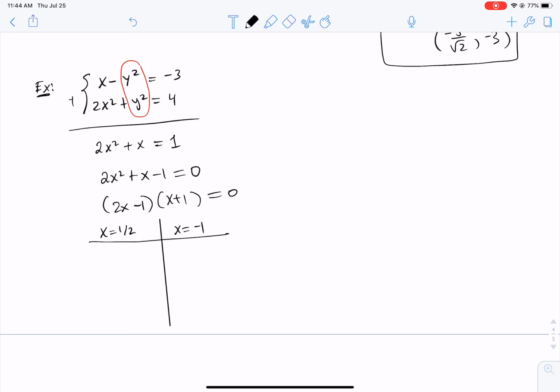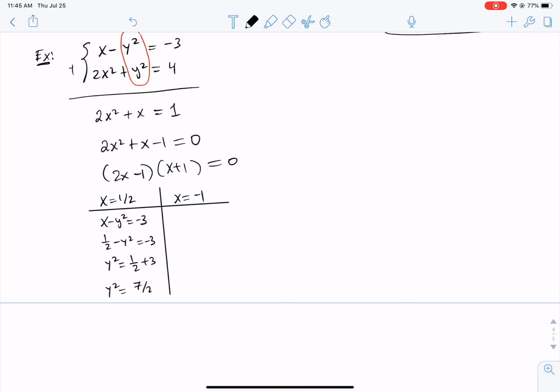So we can use either the first equation or the second equation. It doesn't matter. The first equation gave us x minus y squared equals -3. But what do we know about x? 1/2. So 1/2 minus y squared equals -3. And what does that mean? That y squared is equal to 1/2 plus 3. So it's like 3.5, so 7/2, right? So y squared is equal to 7/2.